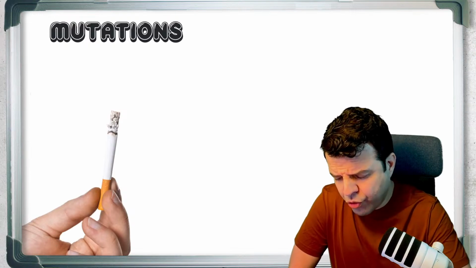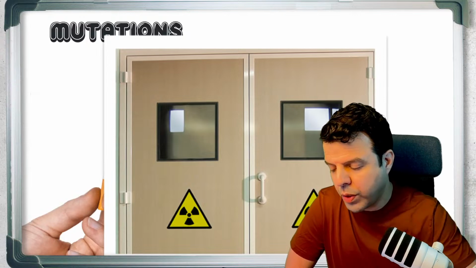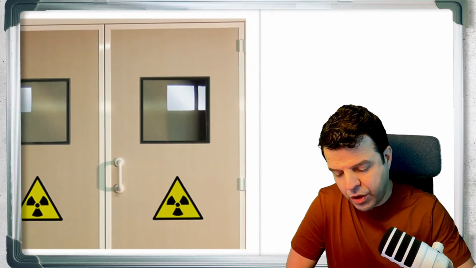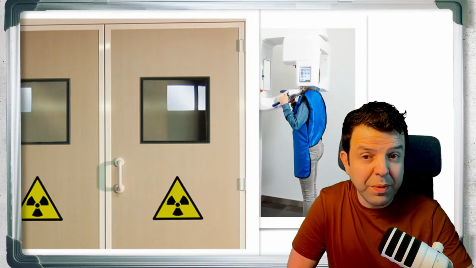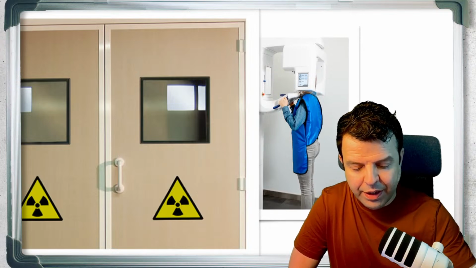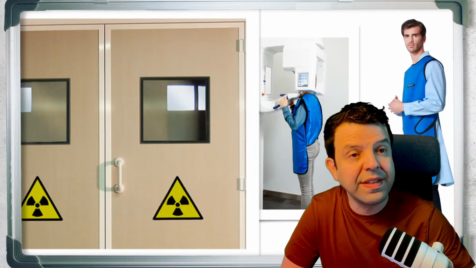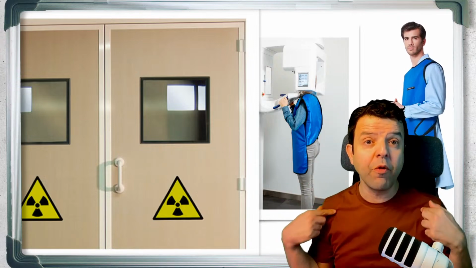Think of X-ray. Every time you go for an X-ray, they make you wear a vest made of lead. Even the nurse or the doctor wears the same vest. These vests are made of lead, and they're meant to protect them from radiation.